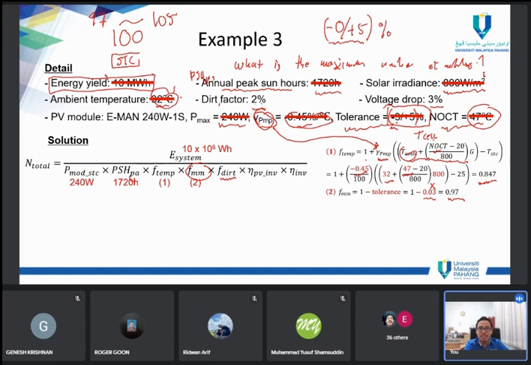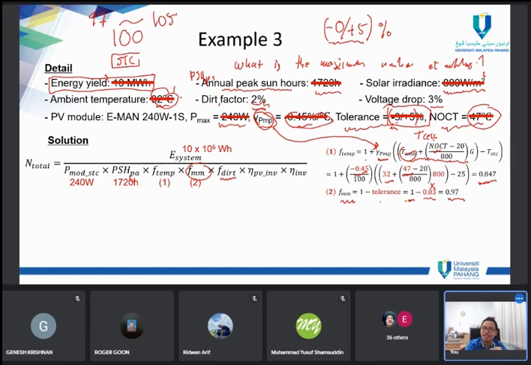It's the same case like FMM also, the concept. So what is the F dead? 0.02 is the dead factor. The dead factor is 2%, that is 0.02.